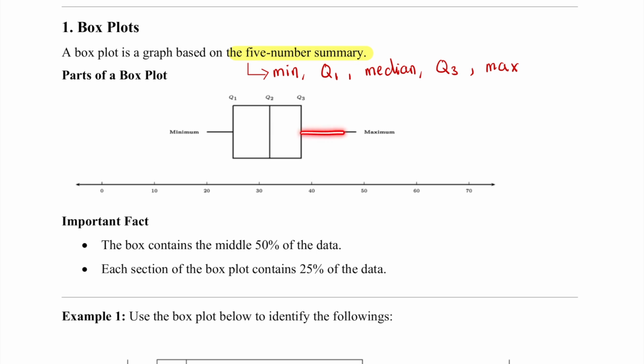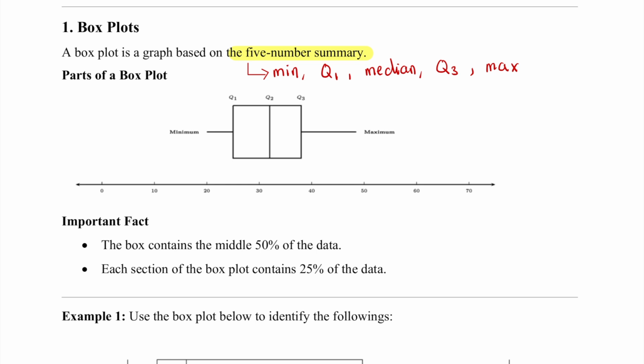And from Q3 to the maximum contains the final 25%. Notice something important? These sections do not have to be the same length. A longer section simply means the data values are more spread out in that region. A shorter section means the data values are packed closer together.